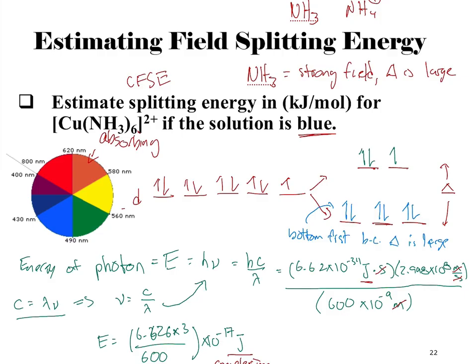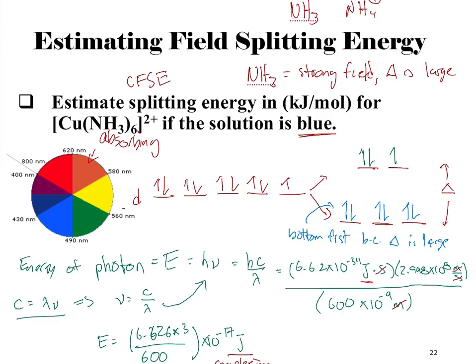Right, because this is saying this is the energy per complex ion. How many complex ions are in a mole? Even if you don't know the exact number, the name of the number.